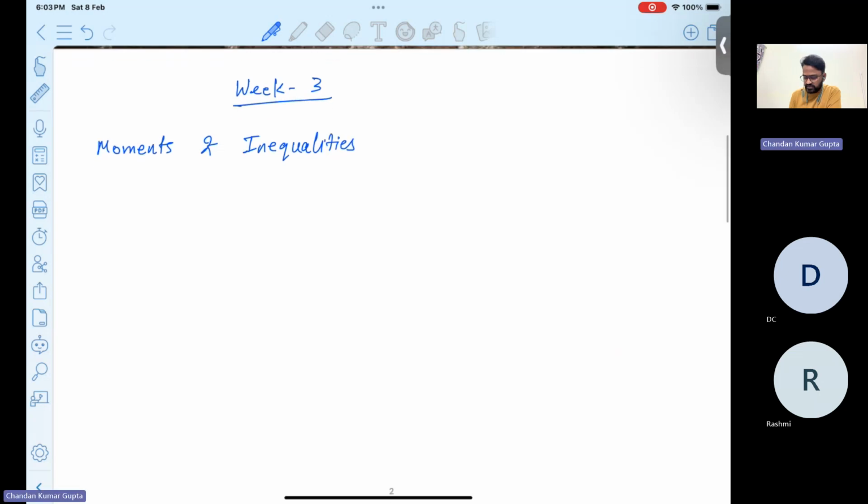In this particular topic, we will be able to calculate the mean and variance, which are usually known as first and second order moments, and then higher order moments.